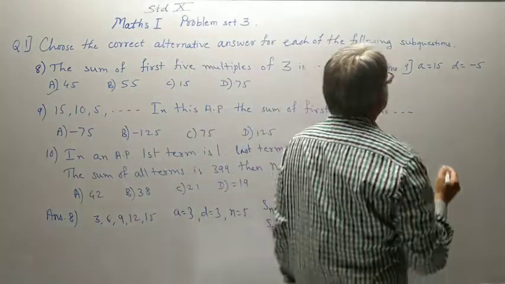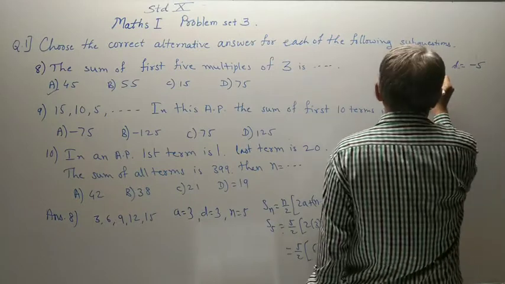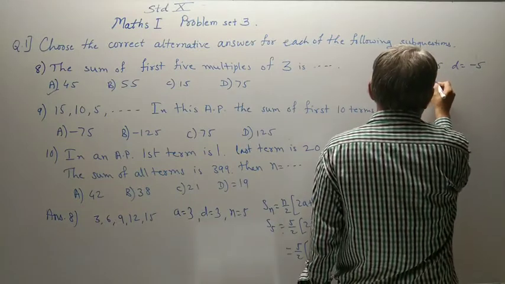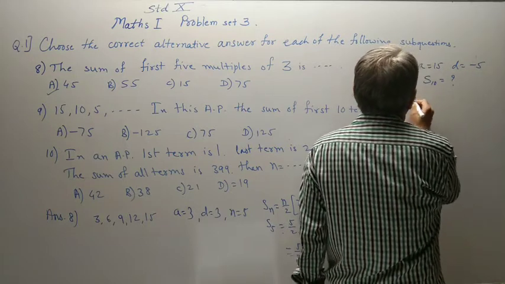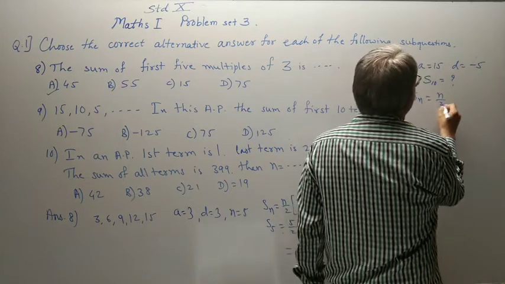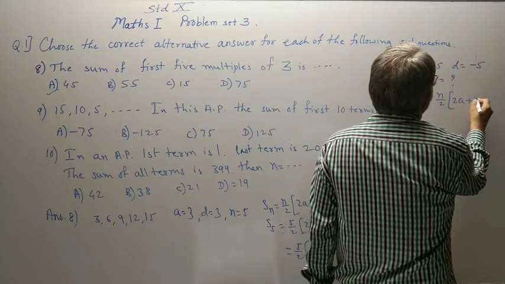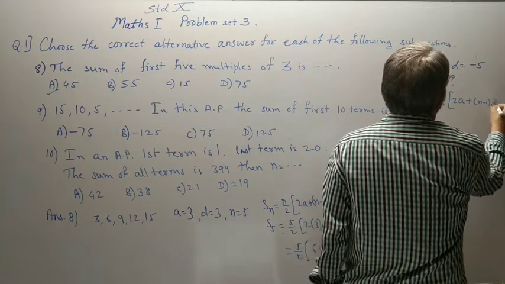So D is minus 5. And we want S10, sum of first 10 terms. Then Sn formula, n by 2 bracket 2a plus n minus 1 into d.